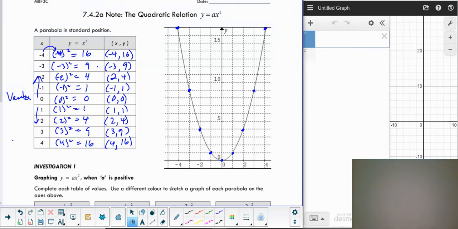So great. This has an a value of 1. Okay, so this is a standard parabola.